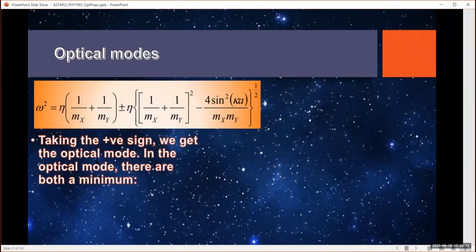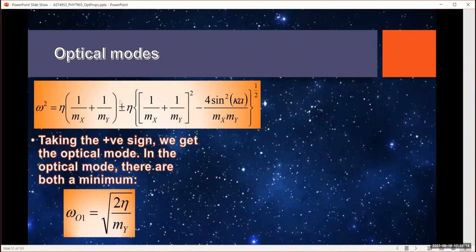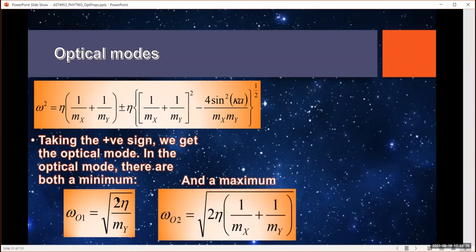But we can also take where this is a positive sign, and then we end up with two different frequencies. One is going to be basically the equivalent of that acoustic mode, but is now for the Y particle mass. And then the other is a maximum, which is where you're taking into account both the Y and the X.